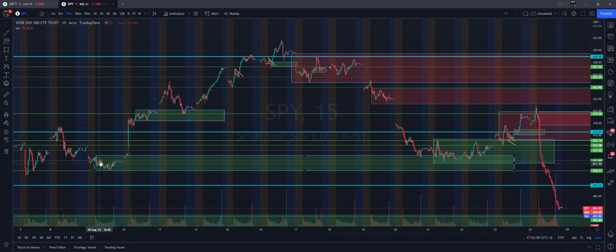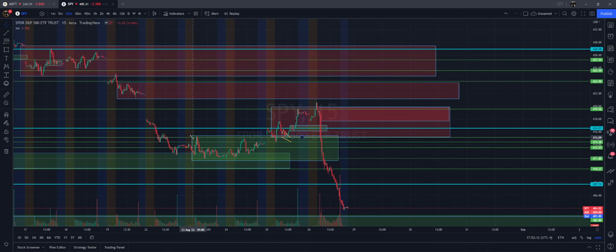If we focus on this one, we have a demand zone right here, right? Demand zone, we have a classic reversal pattern. We have a trend. I think the trend is over here, maybe. Yeah, the trend, and then we have a bull flag right here, telling you, hey, we're gonna jump up, right?